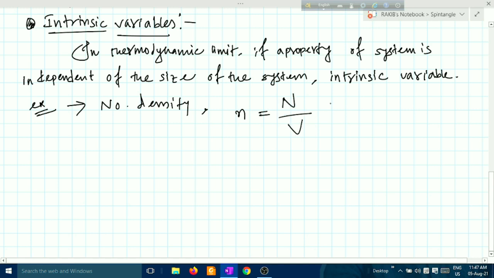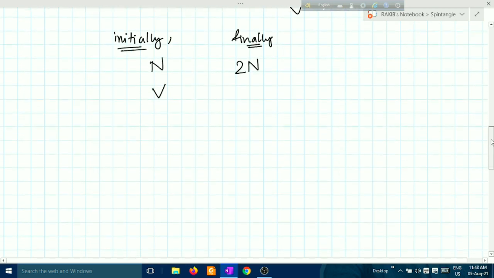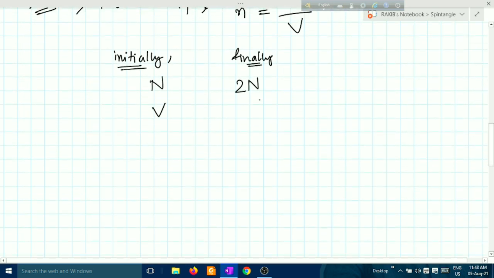This means if you increase the number of particles by a factor of 2, say, giving an example, initially the number of particles in a system was N and the volume of the system is V, and finally the number of particles is increased by a factor of 2.